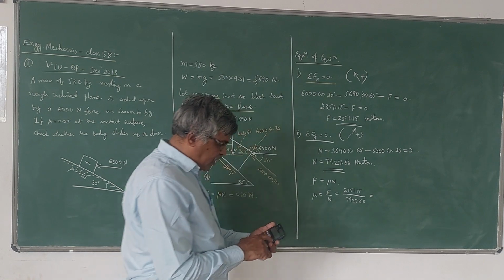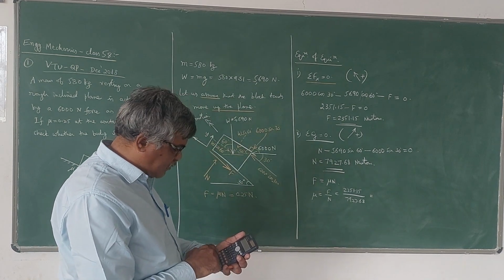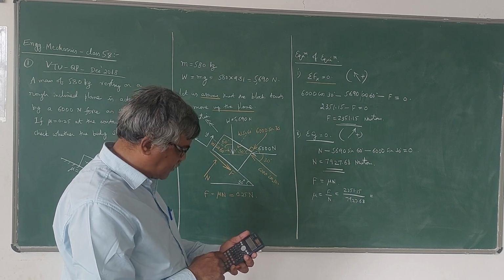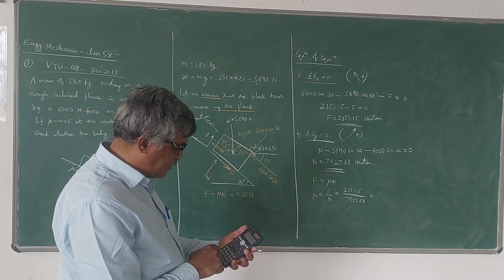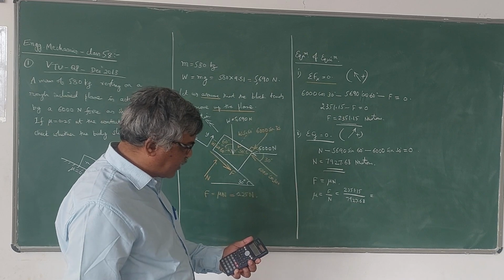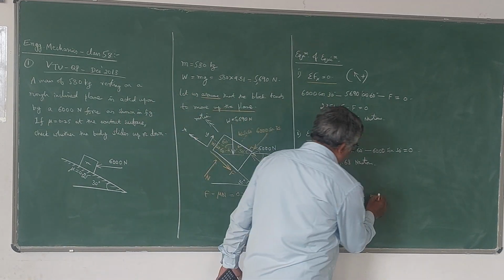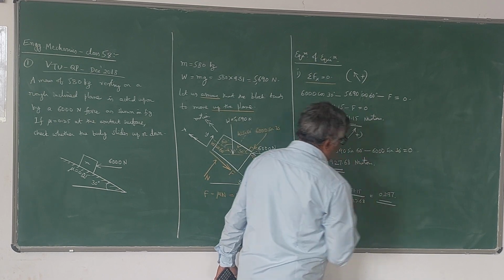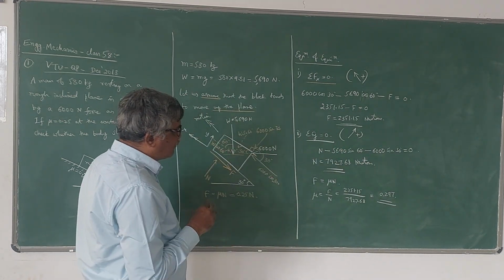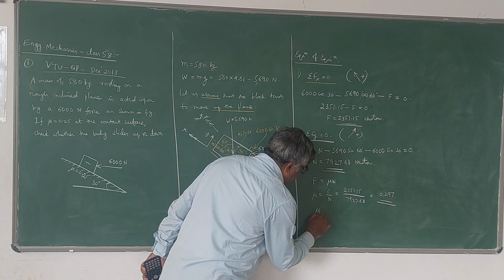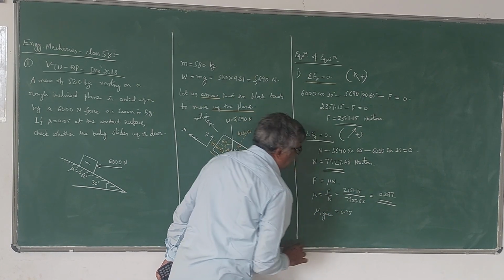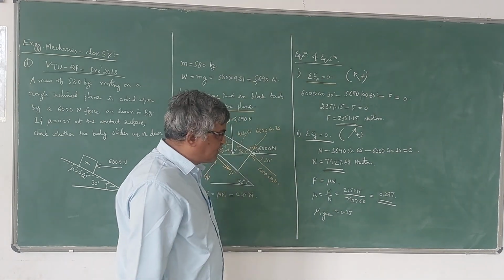The ratio, if you take that, you are getting 0.297. That means here the value of mu given is 0.25, but obtained is 0.297.